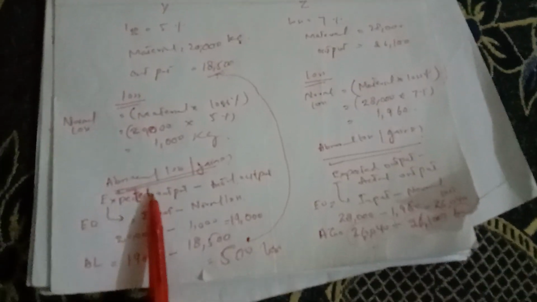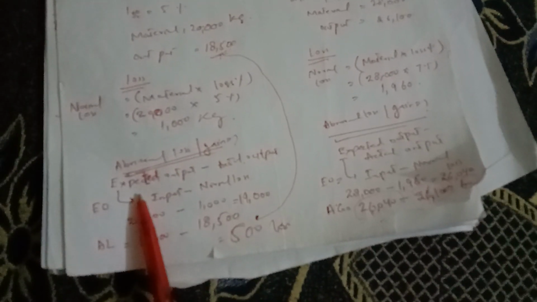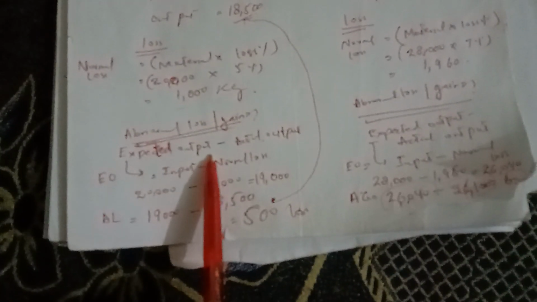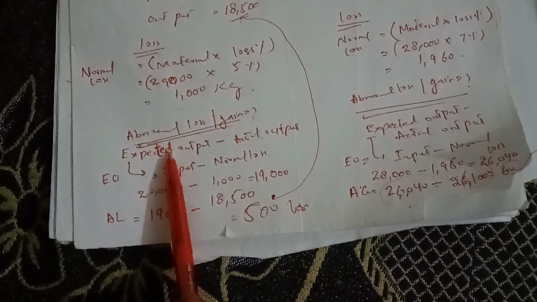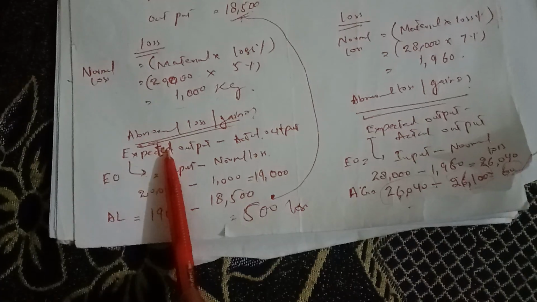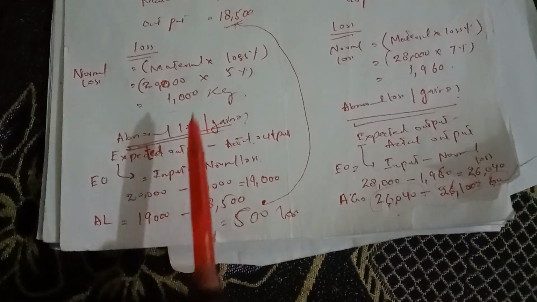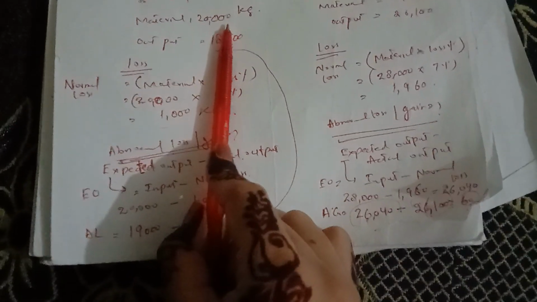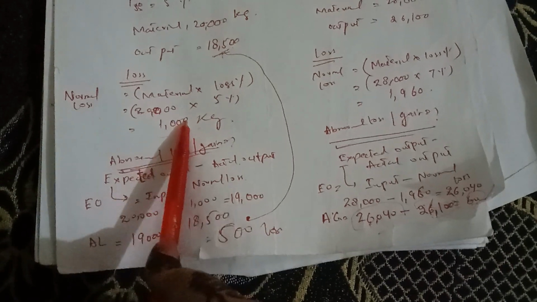So how do we find the abnormal gain or abnormal loss? The formula is expected output minus actual output. First of all, we need to find the expected output. The formula for expected output is input minus normal loss. The input is 20,000 kg less the 1,000 normal loss that we found above.